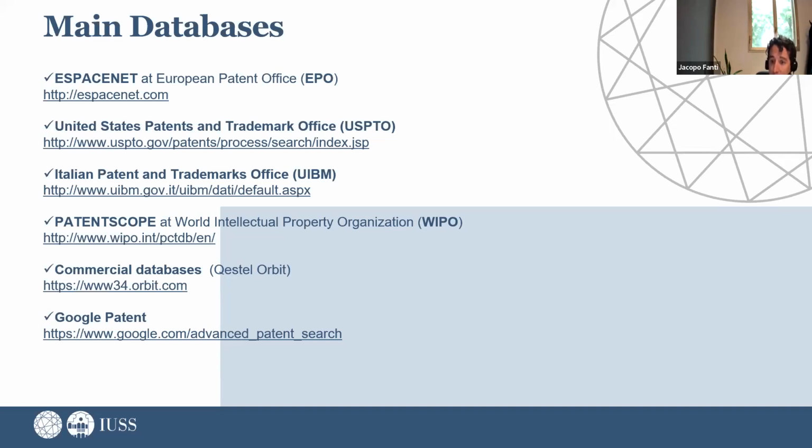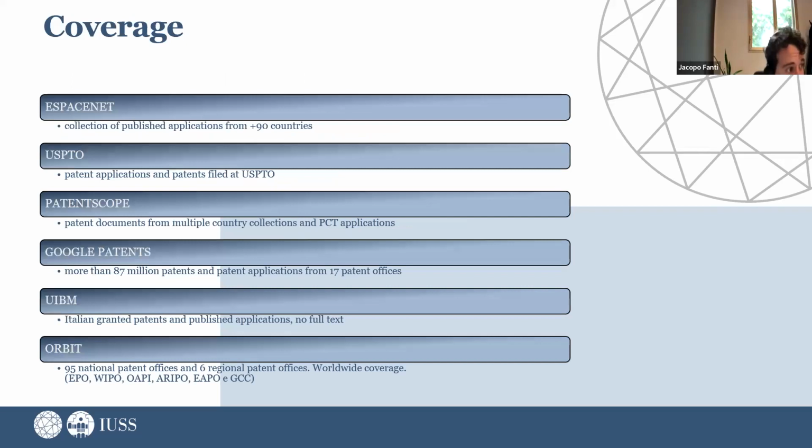Then we have the Italian Patent and Trademarks Office, PatentScope, and so on. In particular, there is a commercial database called Orbit that I know your institution pays for, so you can use it to launch these patent searches.